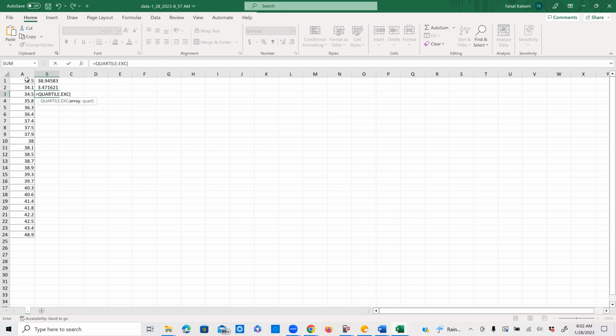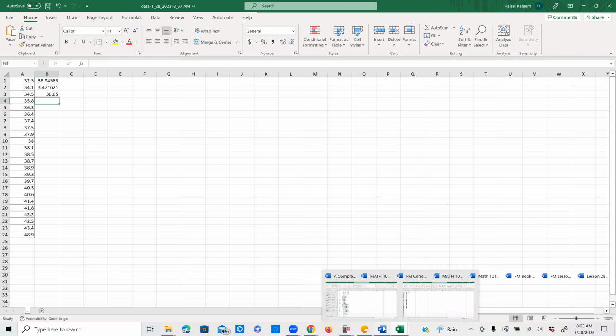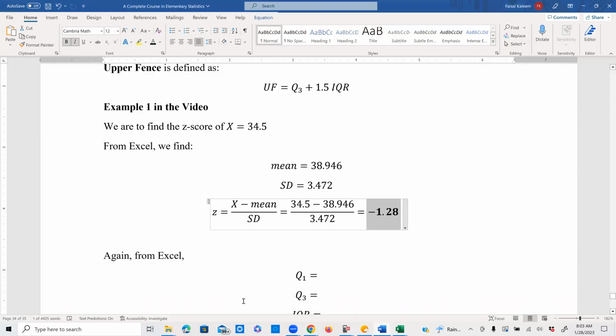And we want the first quartile, so we do comma 1. The first quartile is 36.65. Let's check it.